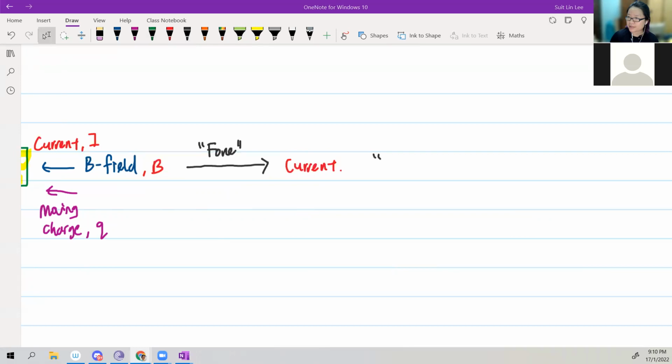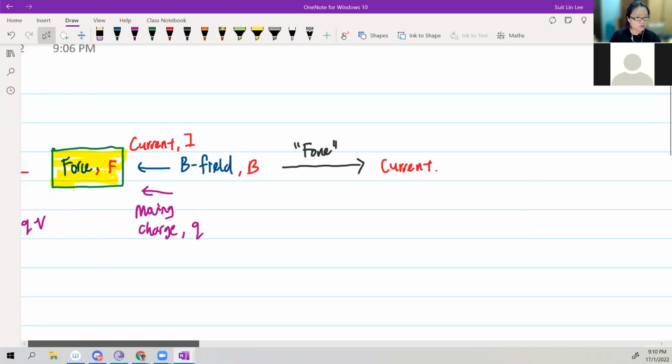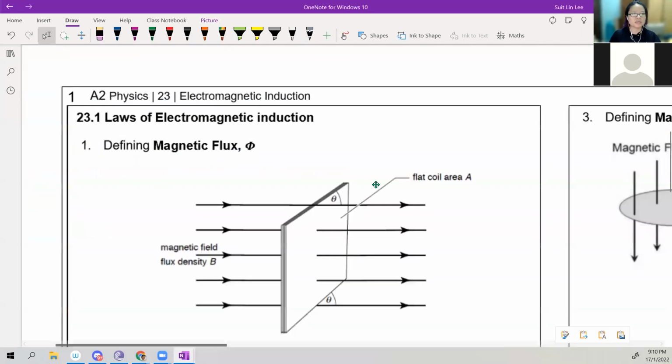And I'm waiting for it to load. Are you okay? So while we wait, I probably need to introduce some other main ideas in this portion, which is the laws of electromagnetic induction.